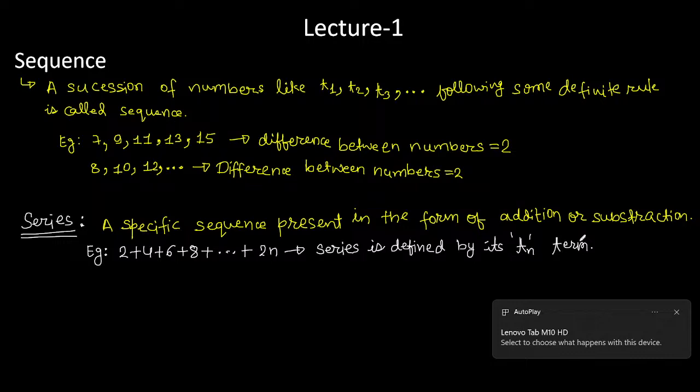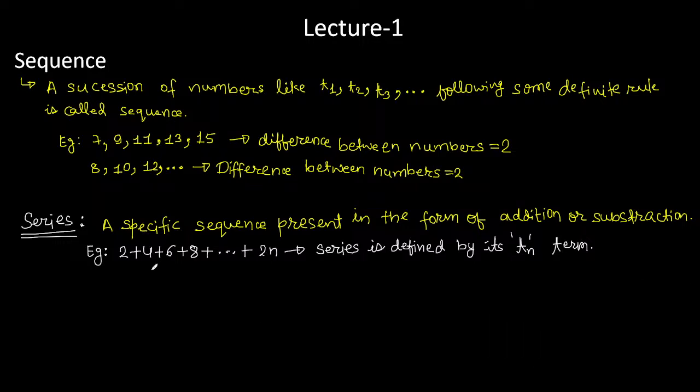Okay, like if you say here the Tn term is what? 2n is the Tn term. So we can say the Tn term is this. And if you remember, summation of Tn, n equal to 1 to n, is what? Summation of 2n, n equal to 1 to n.